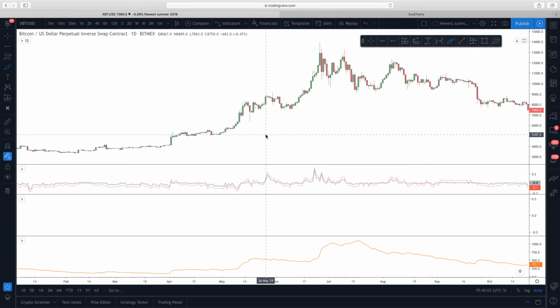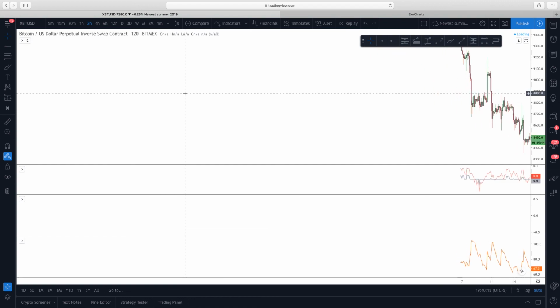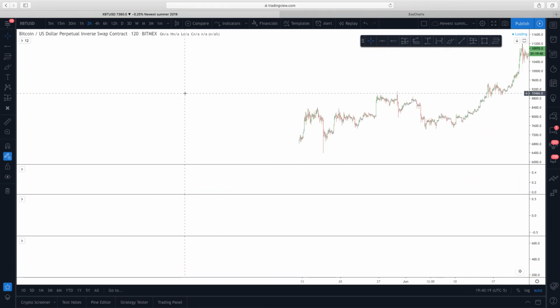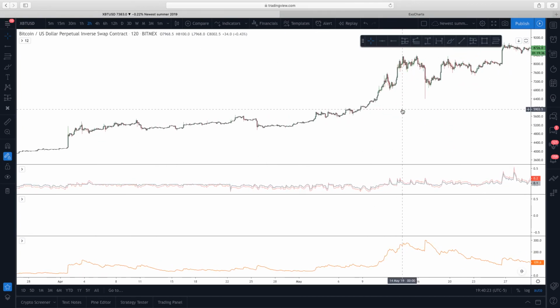Mind you that when you have a larger stop, you have to take a smaller position, because a larger stop implies more distance from your entry. So if you're risking, say, 2% of your capital, or let's say 1%, your stop might be all the way back here. Let's say our stop is $200 away.